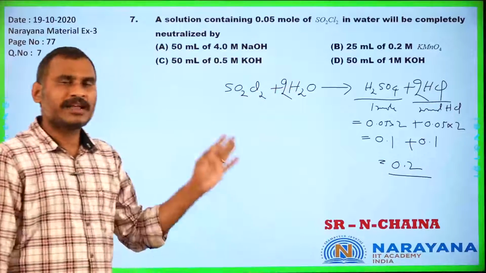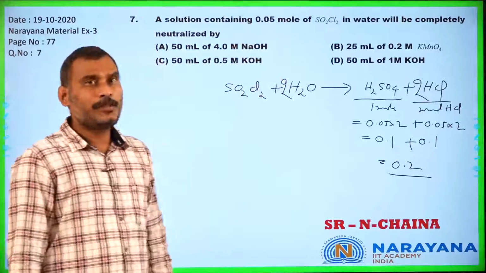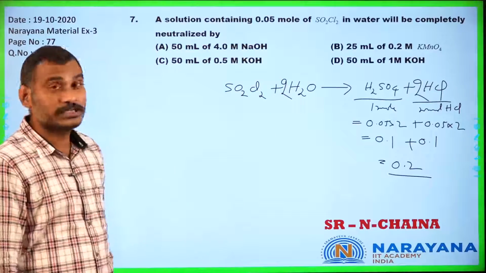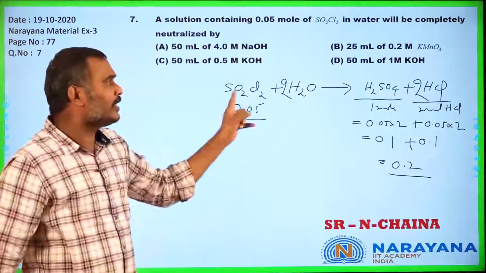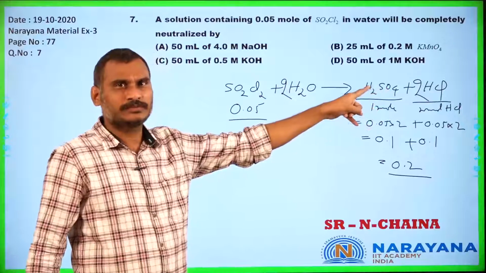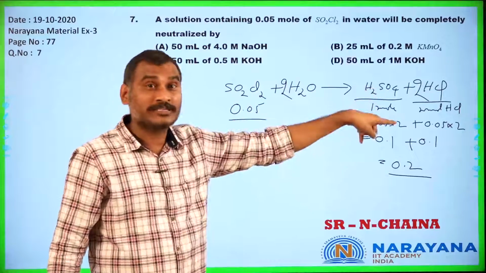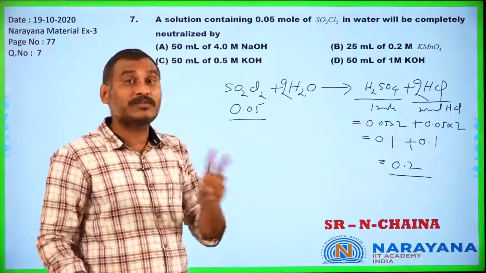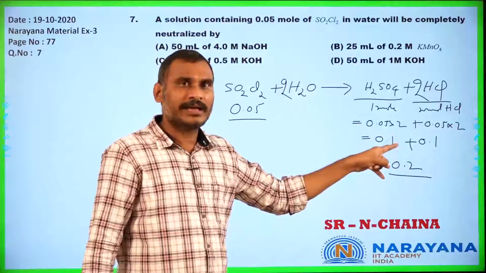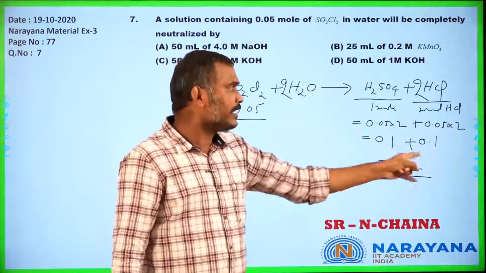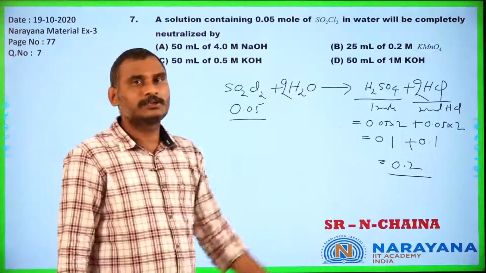So the total number of moles of acid produced after dissolving 0.05 moles of SO2Cl2: 1 mole gives 1 mole of H2SO4, so 0.05 will give 0.05 moles of H2SO4. But each H2SO4 gives 2 H plus ions, so the number of H plus ions is 0.1 and 0.1. I think understood? Now that is the 0.2.